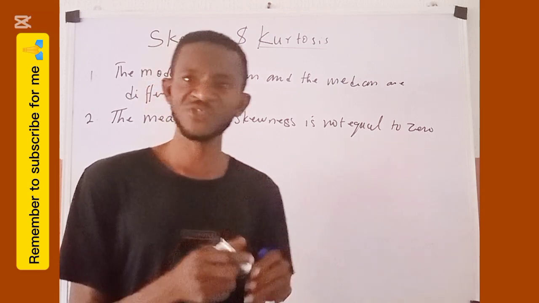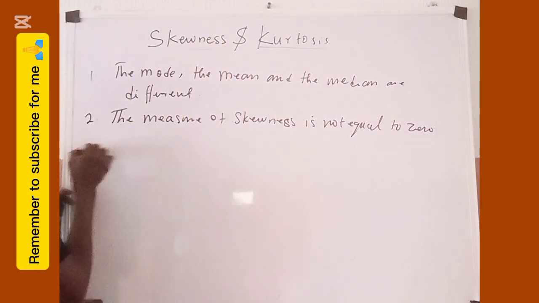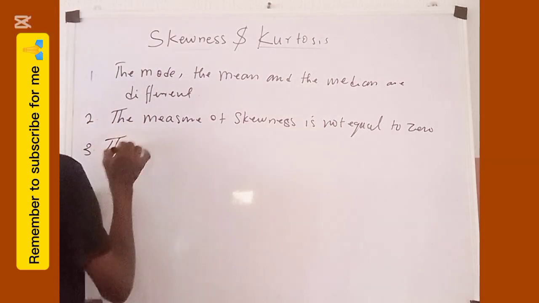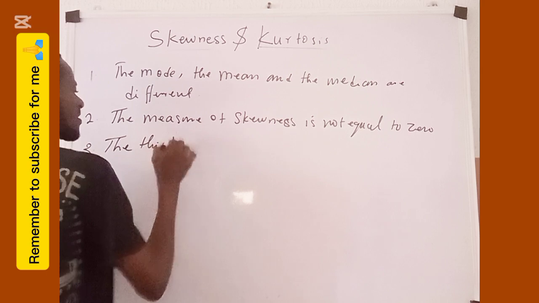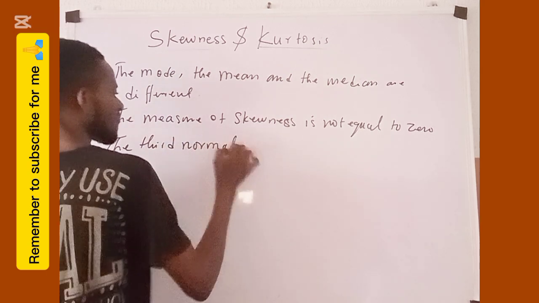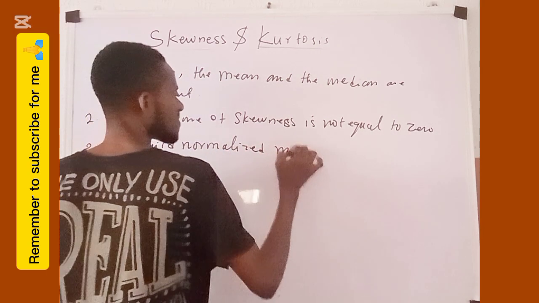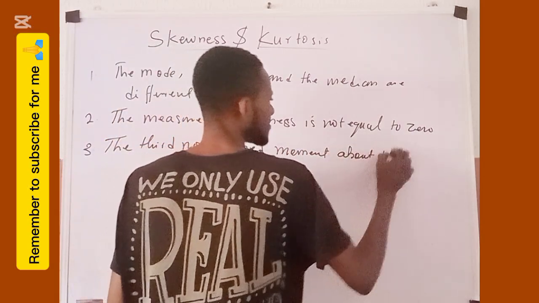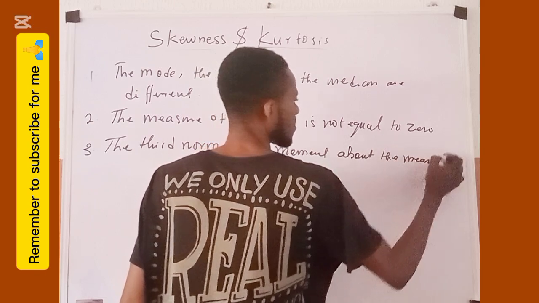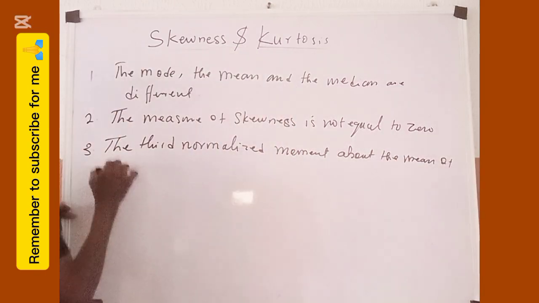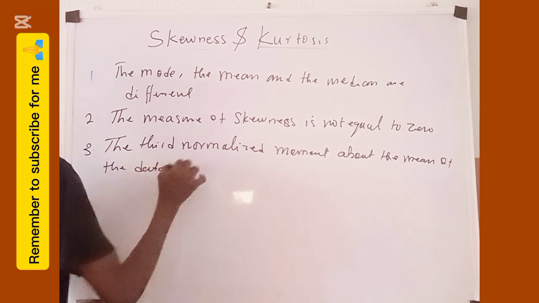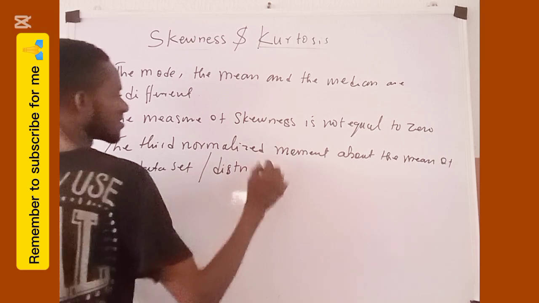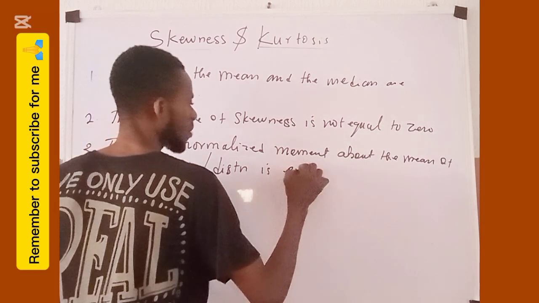Let us look at the third condition that is going to happen. Number 3. We say that the third normalized moment about the mean of the data set or distribution is not equal to 0.